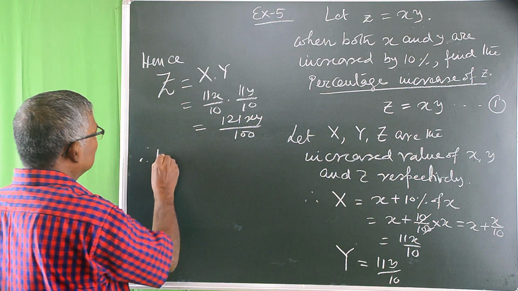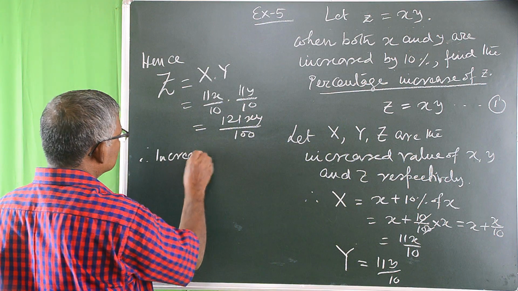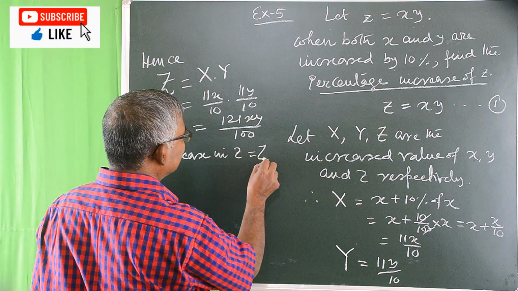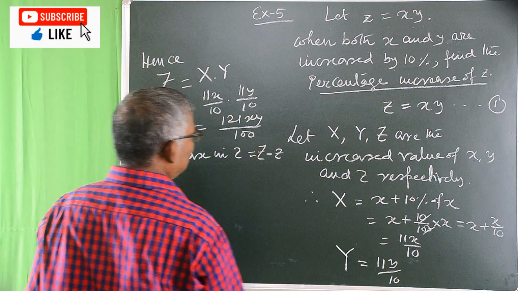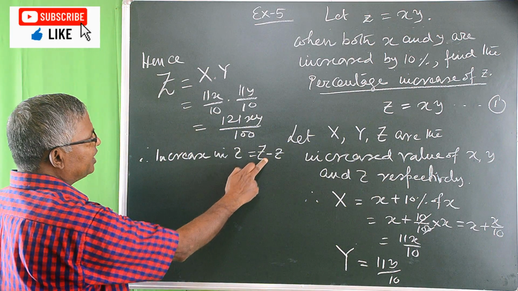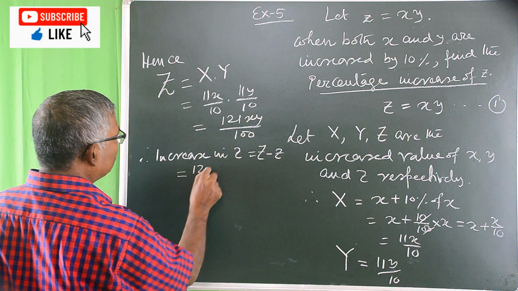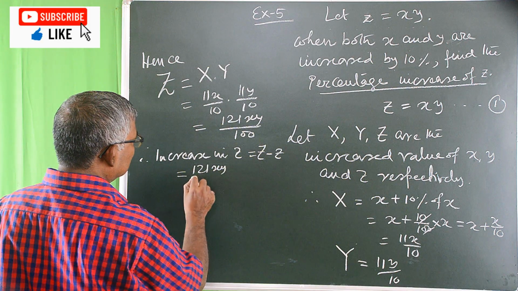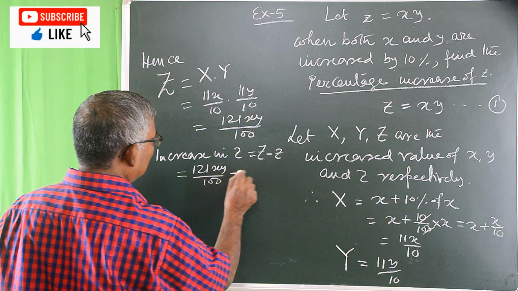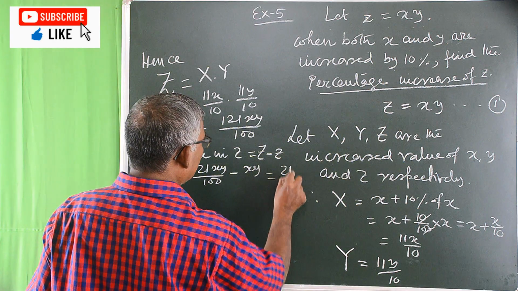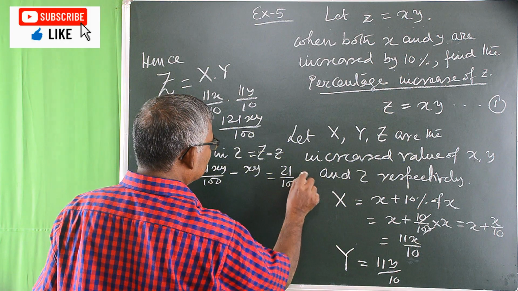Therefore, increase in z equal to capital Z minus small z, that is increased value of z minus initial value of z equals to 121 xy by 100 minus xy equals to 21 by 100 xy.